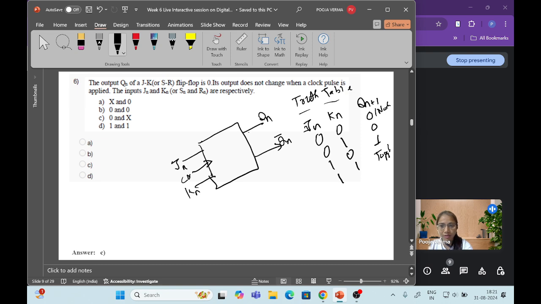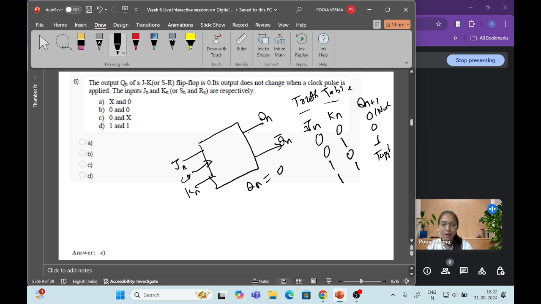So what is it saying? The output Qn of a JK flip flop is 0, and its output does not change when the clock pulse is applied. So in which condition does the output not change? When the clock is applied, Qn is 0, right?